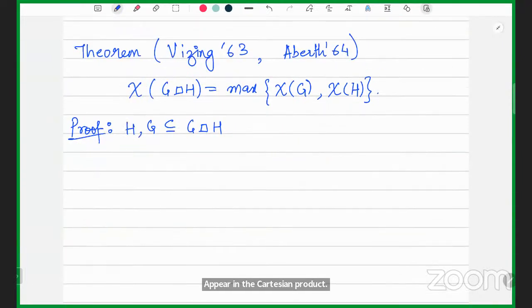So the chromatic number of G product H is at least this much.